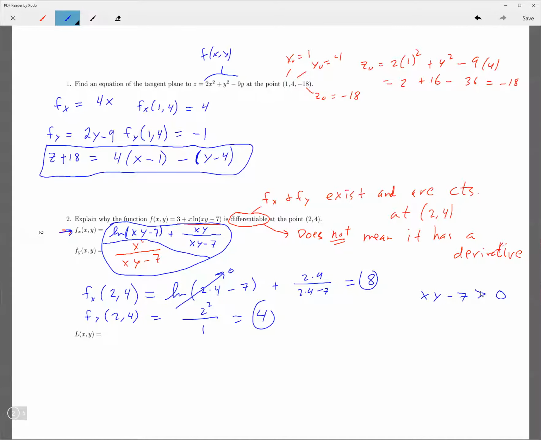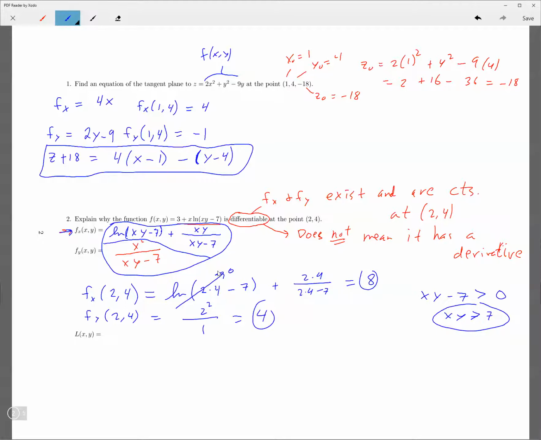So this has to be greater than 0, and that translates to xy greater than 7. So it's going to be continuous if the product xy is greater than 7. And the product here is 8. 2 times 4 is 8, so it's going to be continuous there. So we are good with that.